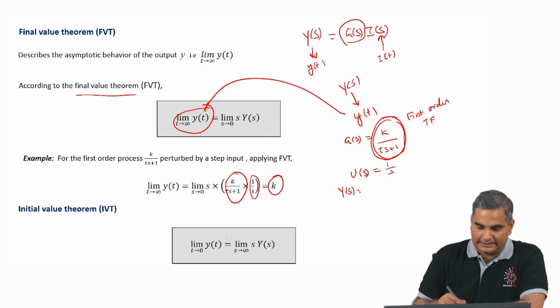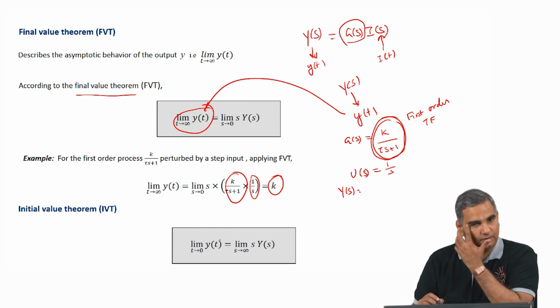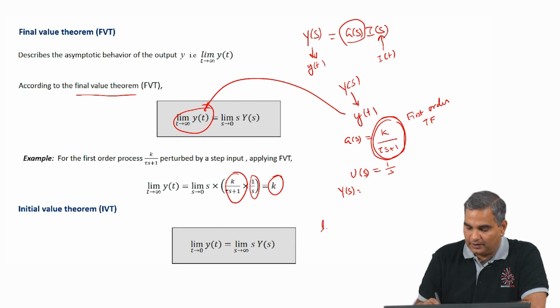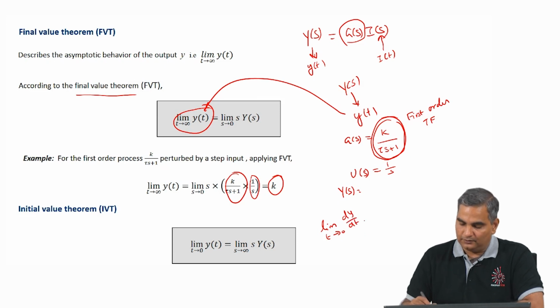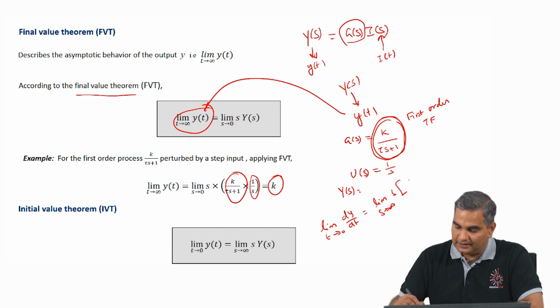Okay. Now as I said before, this might not be useful for y of t itself, but we could ask questions like limit t tending to 0, what is dy by dt. So this will be limit s tending to infinity, s times Laplace of dy by dt.